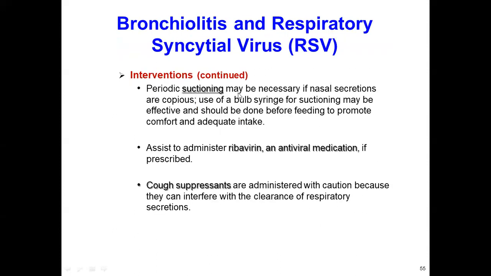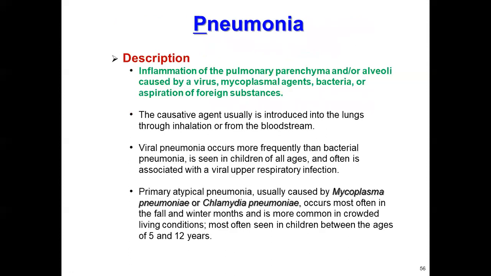Periodic suctioning may be necessary if nasal secretions are copious. Assist with administration of the antiviral called ribavirin. Cough suppressants should be administered with caution because they can interfere with the clearance of respiratory secretions. Now let me talk about pneumonia.